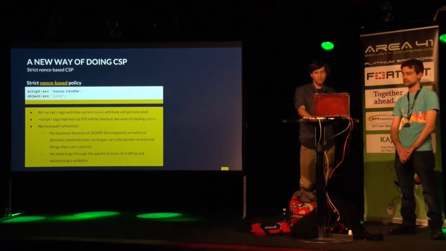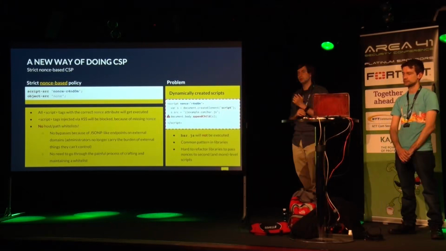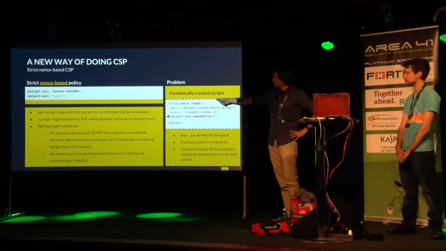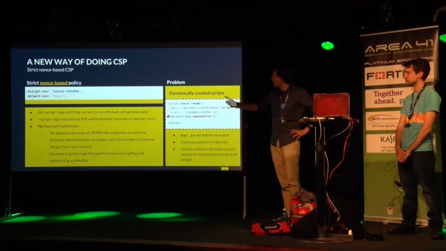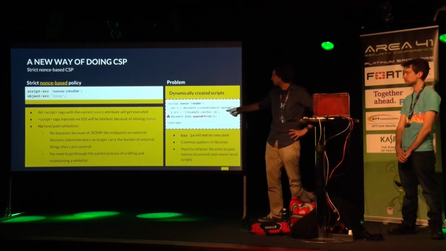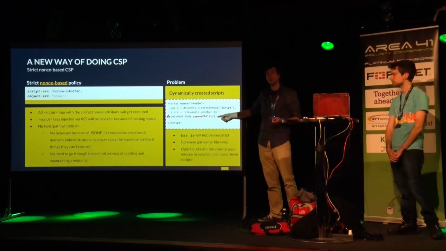The problem is, very often in the modern web, you have dynamically created scripts. So for example, you have a script that can execute because it has a nonce, right? But the script creates another script element and, for example, loads modules from somewhere else and appends it to the DOM.